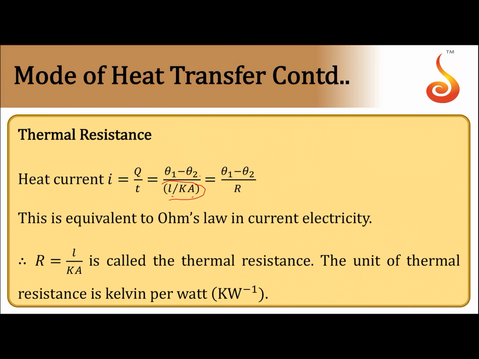So this can be taken as thermal resistance R. R is equal to L by K A. This is called thermal resistance, and this rule can be taken as Ohm's law for thermal conduction, just like what we had as Ohm's law in current electricity. The unit of thermal resistance is Kelvin per watt.